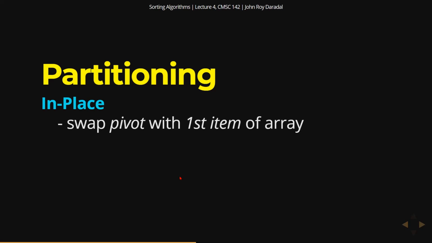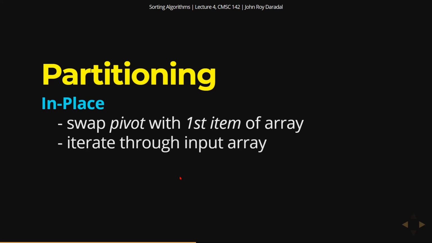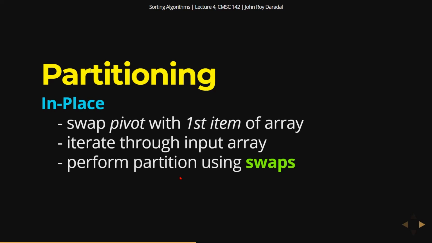Another way that you could partition is by doing an in-place partitioning. You don't use an extra data structure, but instead you do in-place swapping. So you swap the pivot with the first item of the array, and you iterate through the input array and perform the partition using swaps.